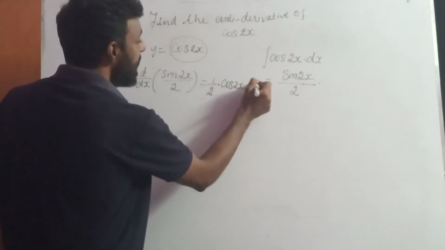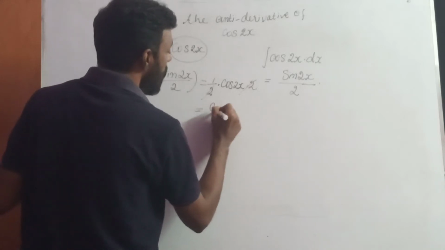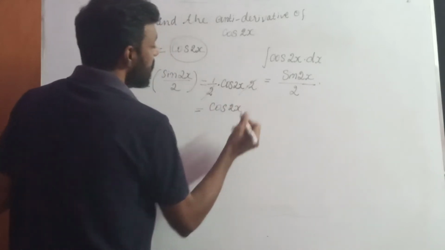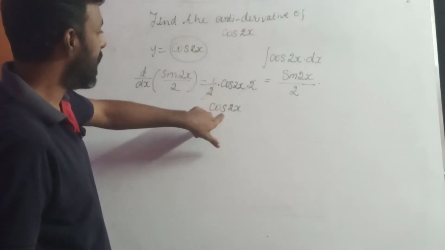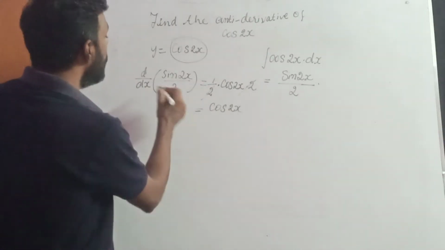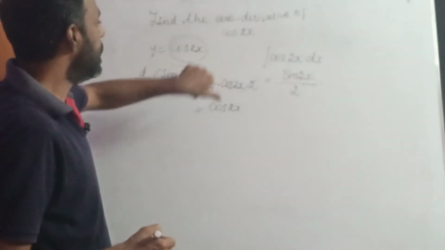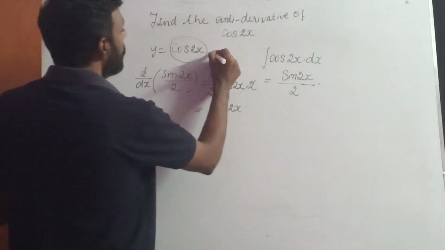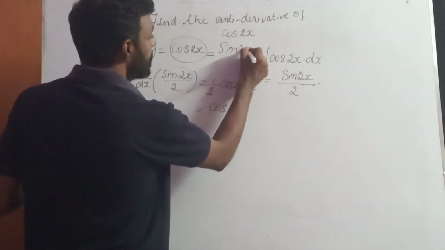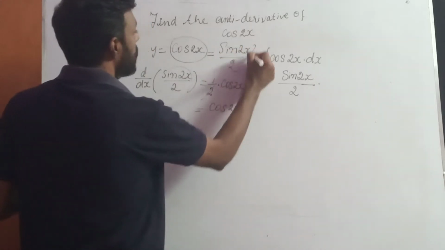So 2 gets cancelled. So the resultant value is cos 2x, which is nothing but our question. If we differentiate this term sine 2x divided by 2, we get our question itself. Therefore the antiderivative of cos 2x is nothing but sine 2x divided by 2.